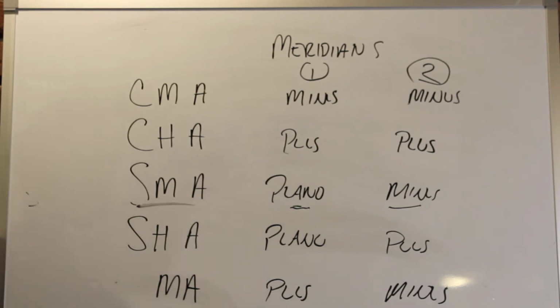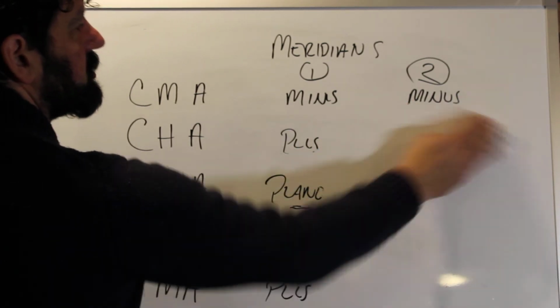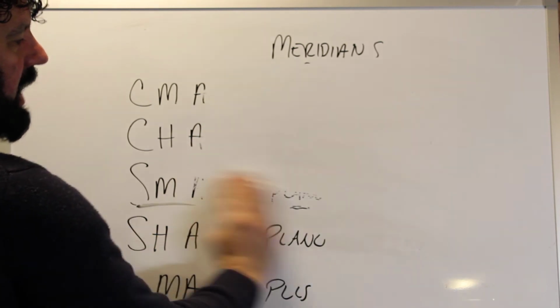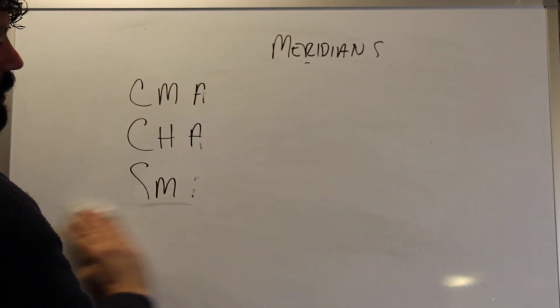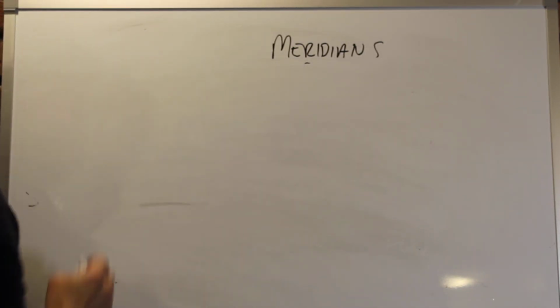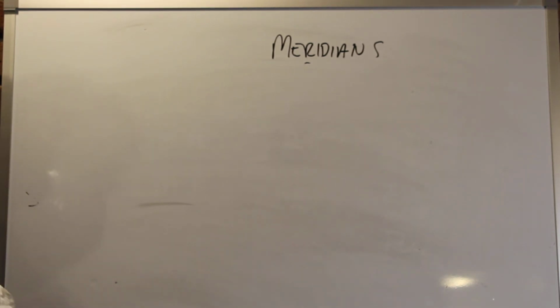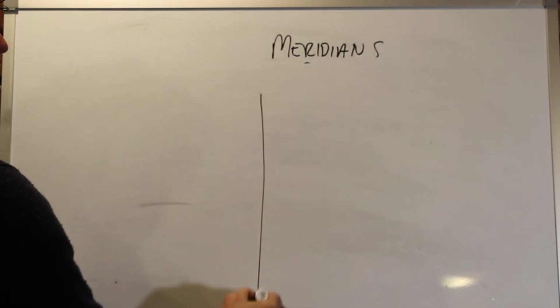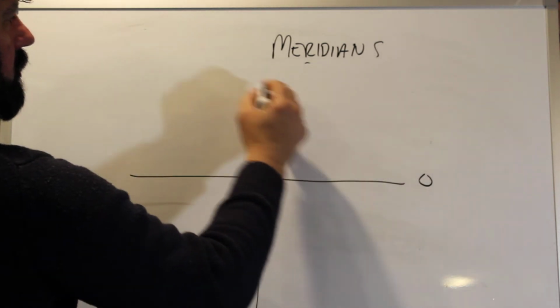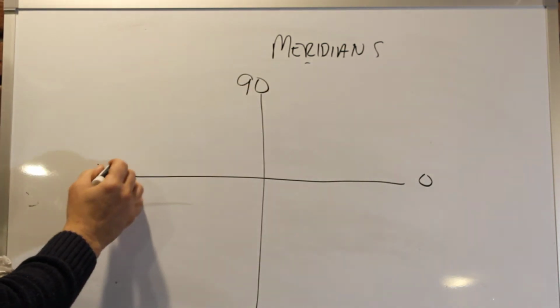Now, to go into a little bit more detail about this, this is where you have to know how to transpose, or I suggest that you use your lens cross that we went over earlier. So let's go back to our trusty lens cross, and as we did before, here's 0, here's 90, here's 180.